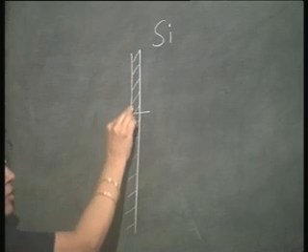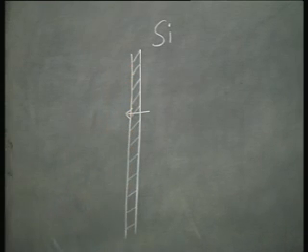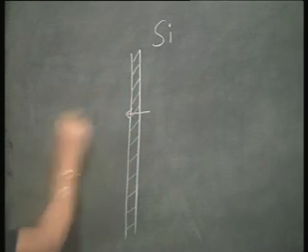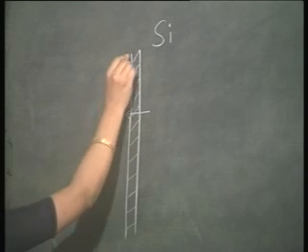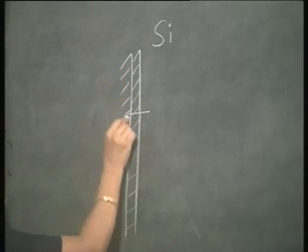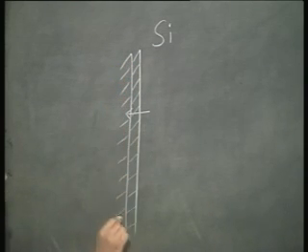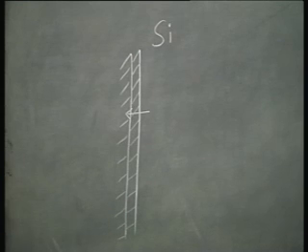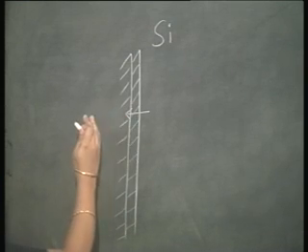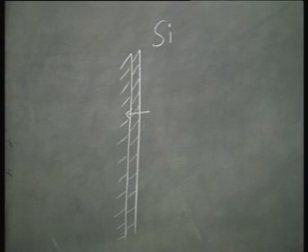Then a thin layer of oxide is grown. Silicon continues to move out and a further layer of oxide grows like this. That is always the oxide growth is happening towards the left of the interface.